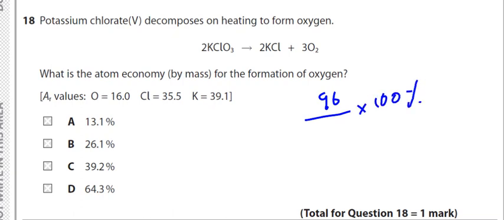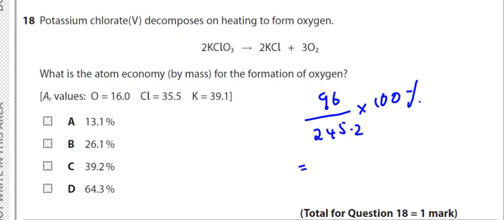It doesn't matter whether reactants or products, because all the elements are balanced. So I just take the reactants here: potassium 39.1, chlorine 35.5, and oxygen 16 times 3 is 48, and that should be multiplied by 2. It is 245.2.